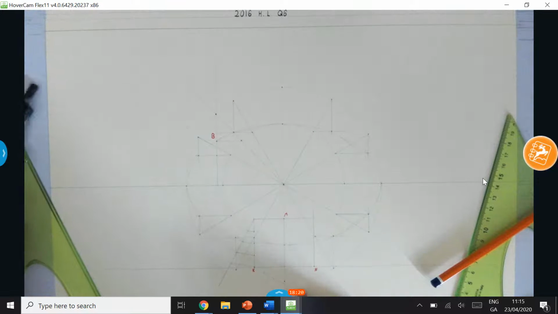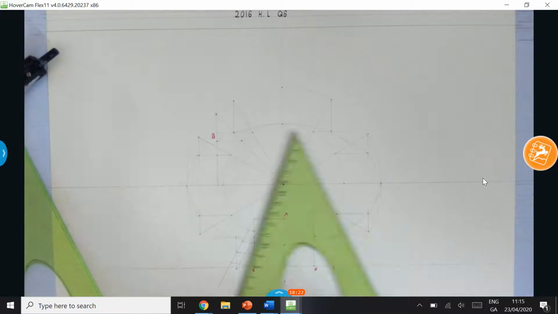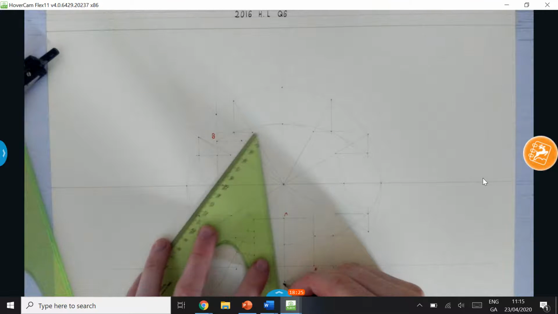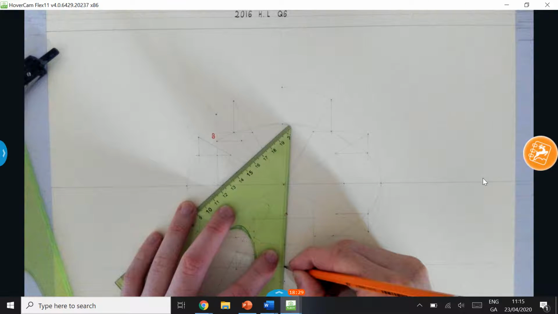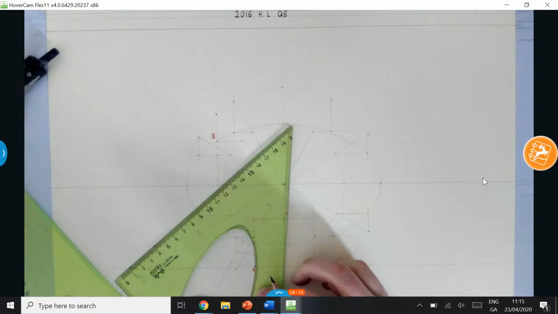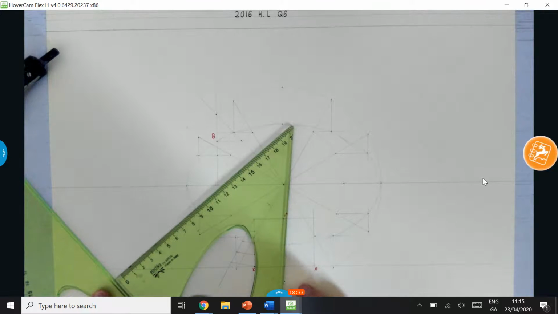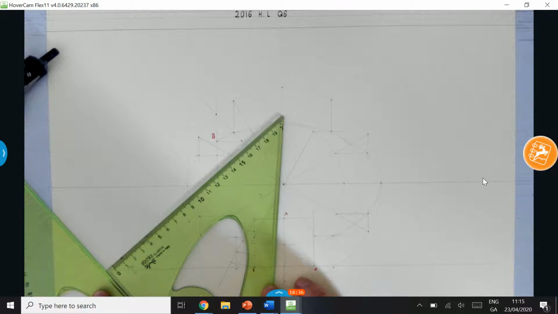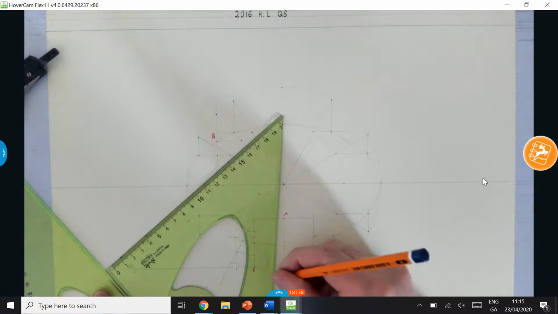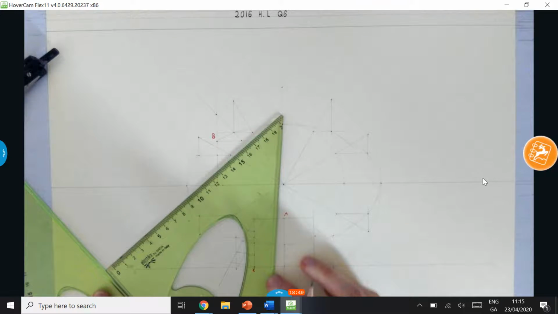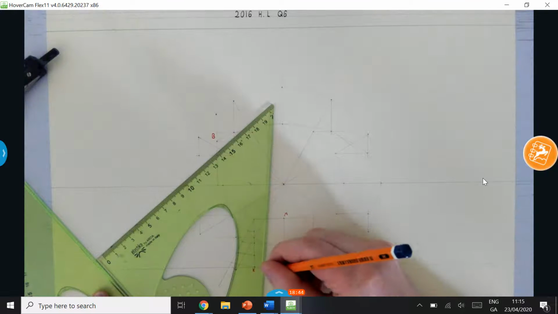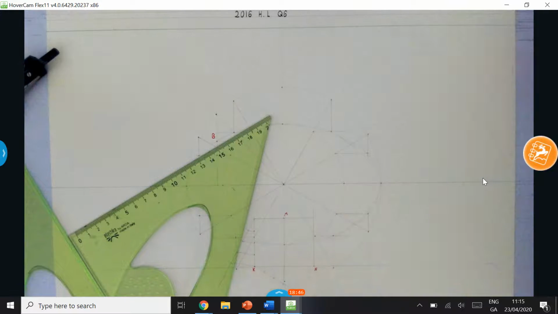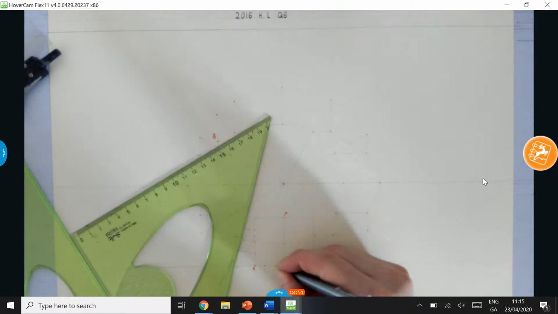From the fourth mark, join that up to center point here, and then move back parallel. And that's divided into 4 equal parts as well. 1, 2, 3, 4.